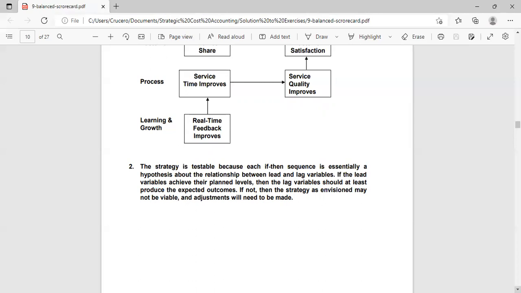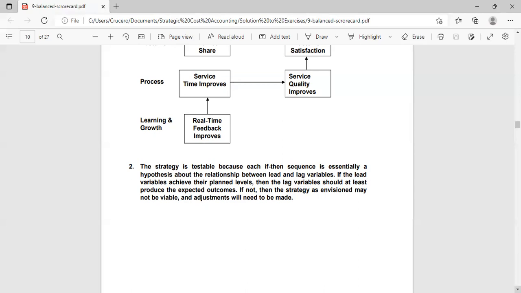If the lead variables achieve their planned levels, then the lag variable should at least produce the expected outcomes.